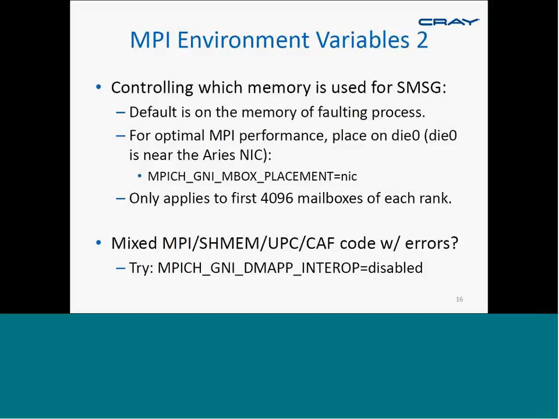So you can set this flag if you see errors, and many times it's a quick fix if this happens to be the problem that you're seeing. It may reduce performance slightly, but if they run, that's better than if they don't.